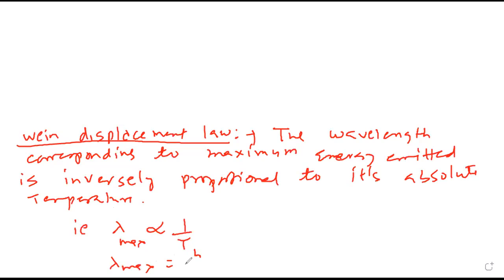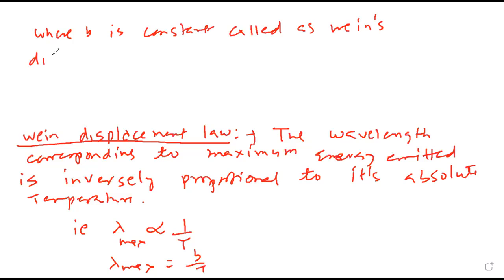So this is b upon T, where b is a constant called Wien's displacement constant.